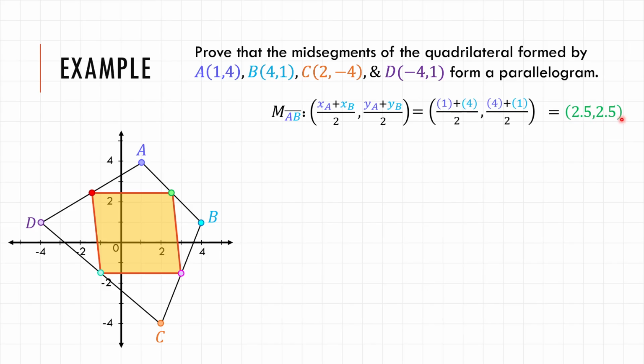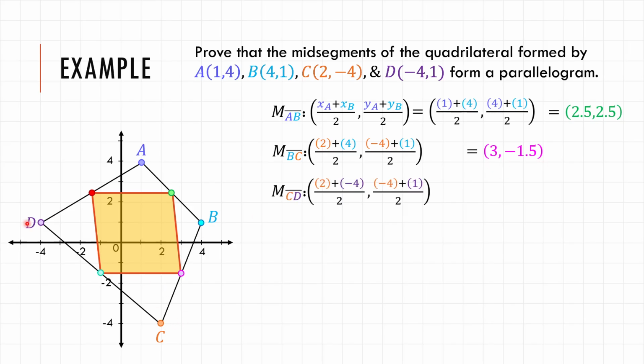Moving on to the next midpoint, the one between B and C, I'll use the same formula to find that the coordinates are 3 and negative 1.5. Between C and D, the same formula tells me that the coordinates are negative 1 and negative 1.5. And finally, between A and D, the coordinates are negative 1.5 and positive 2.5.